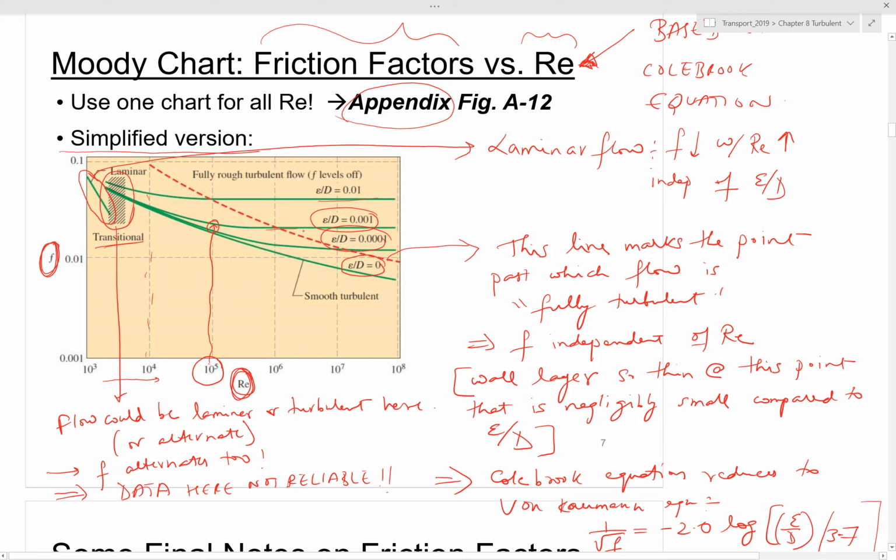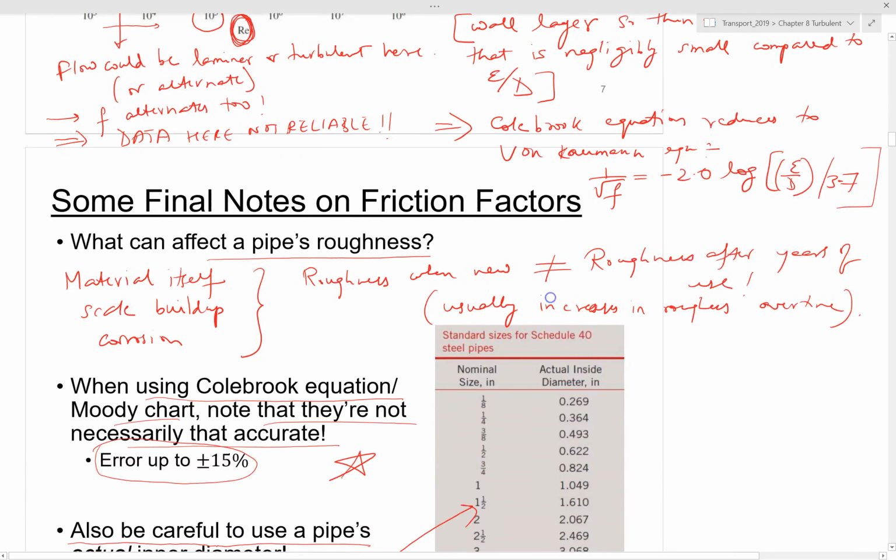Now the question is asking, if you increase the velocity by 10-fold, that means you're going to increase your Reynolds number. You are probably going to see a slight decrease in the friction factor, and this decrease is not significant.